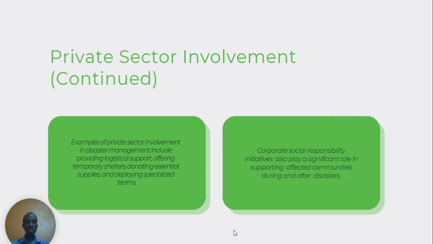For example, if a pharmacy or a pharmaceutical business constructs a borehole to provide safe drinking water for the community that has been displaced from where it was, then they are doing what we call corporate social responsibility. So it involves playing a significant role in supporting the affected communities during and after the disasters.